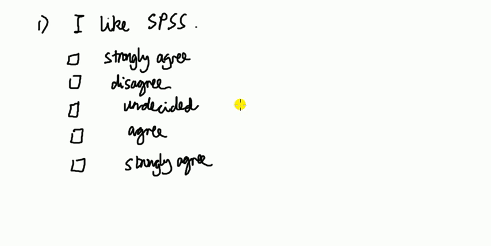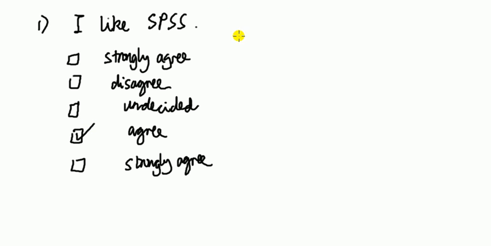Okay, so how do you set up SPSS to take data from this? Anybody that comes along in your questionnaire is going to mark a box. They might say, "I like SPSS. Do I agree?" Let's say yes. Then how do you enter this? How does SPSS deal with something like this?